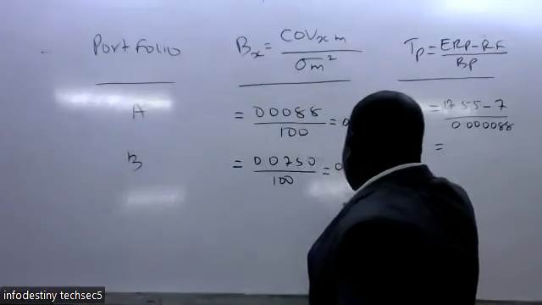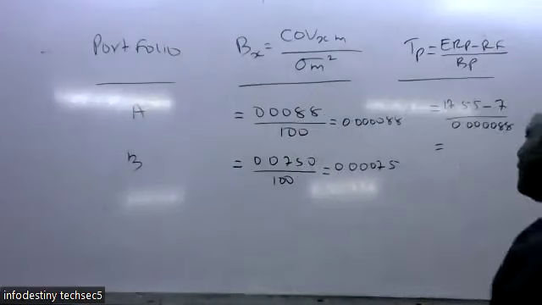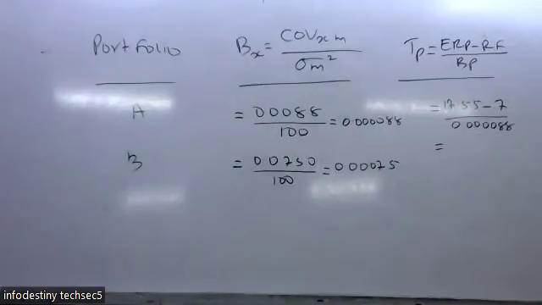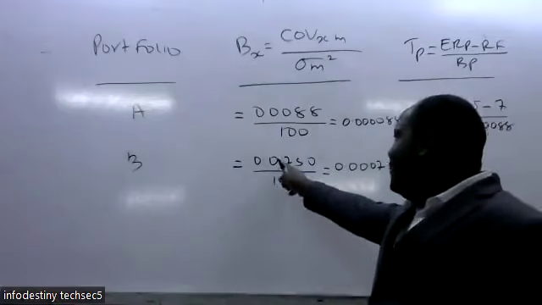There are how many zeros? 3, after the decimal place, then 7.